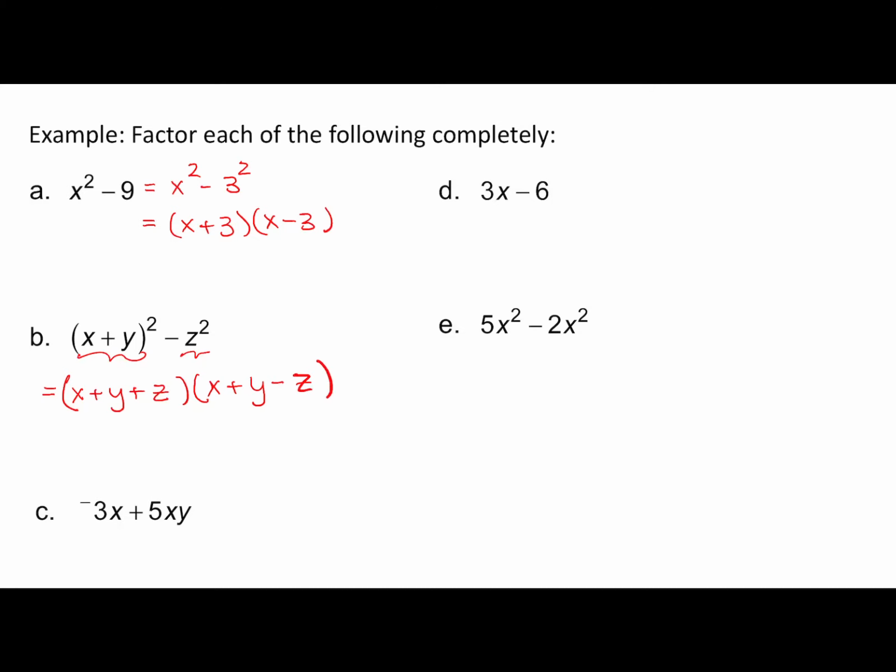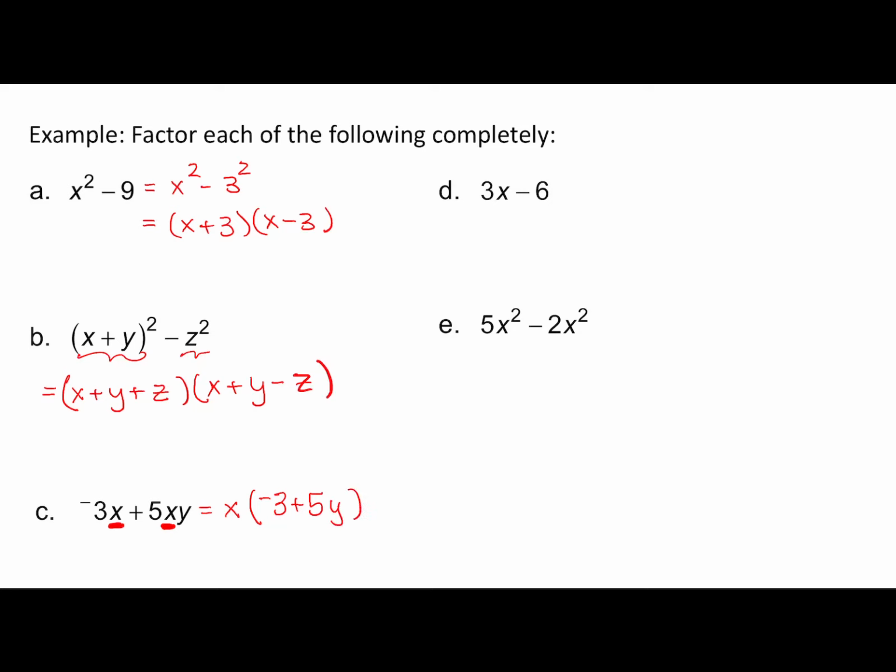What about part C? In part C, I don't have any squares, so this isn't a difference of squares problem, but I do have some common terms, right? There's an x in both terms, and so I can factor that x out, and I'm left with negative 3 plus 5y.